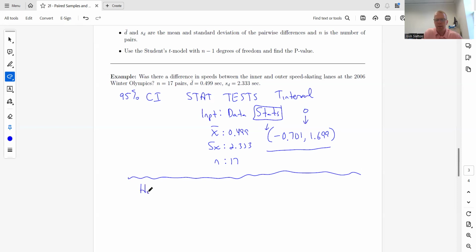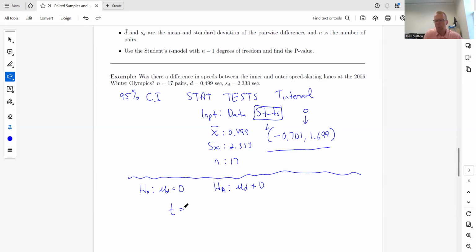So our null hypothesis is going to be mu subscript d equals 0. We're going to assume that the difference is nothing. And then we're going to test to see if the difference is not 0. And so we can do a test statistic.